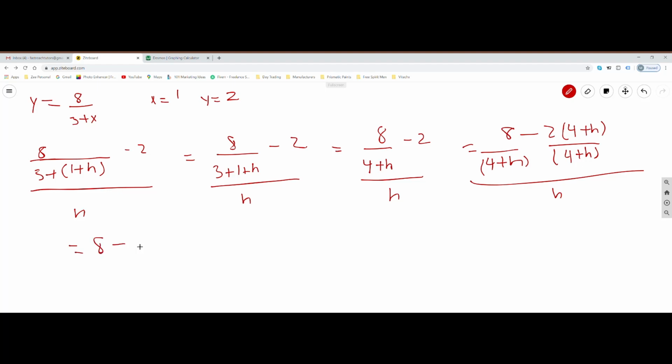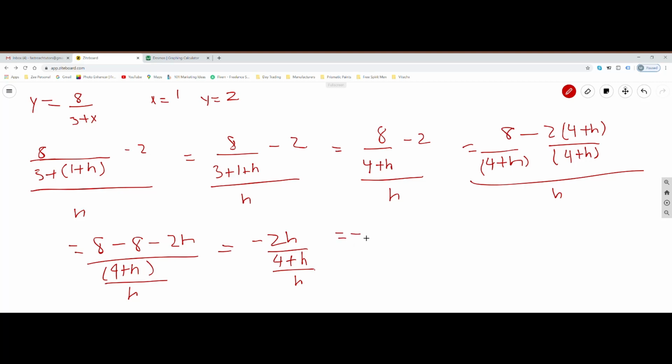8 minus 2h over 4 plus h over h equals negative 2h over 4 plus h.